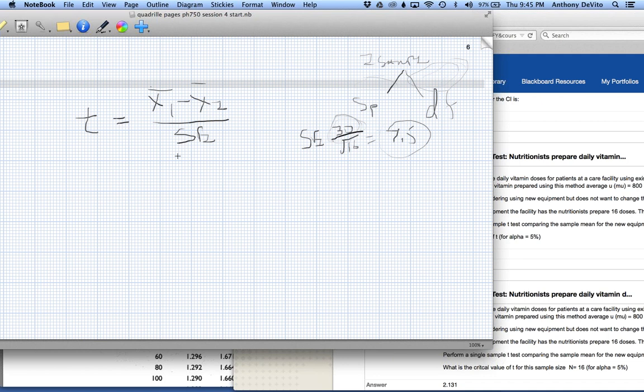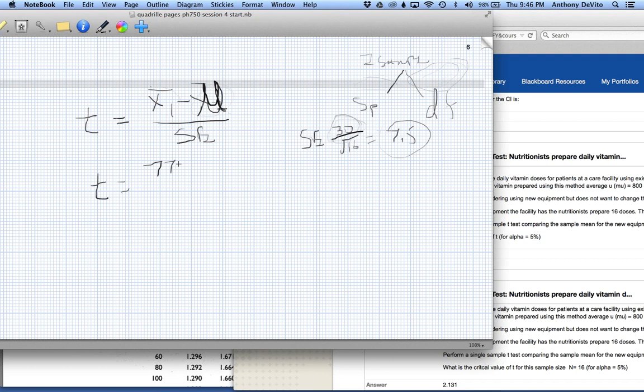So we know the standard error. Now we have to calculate our t-score. So our t-score is going to be the difference between x bar 1 minus x bar 2, because in one case we know the true mean, don't we? Right?